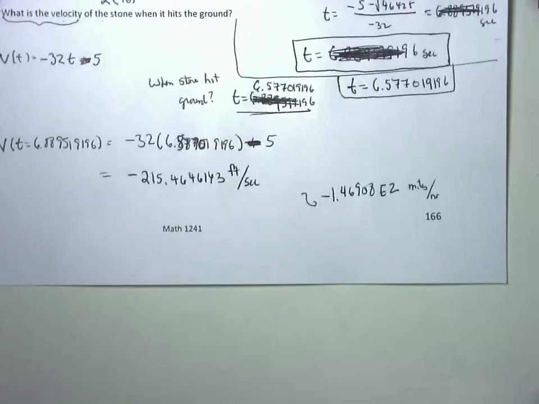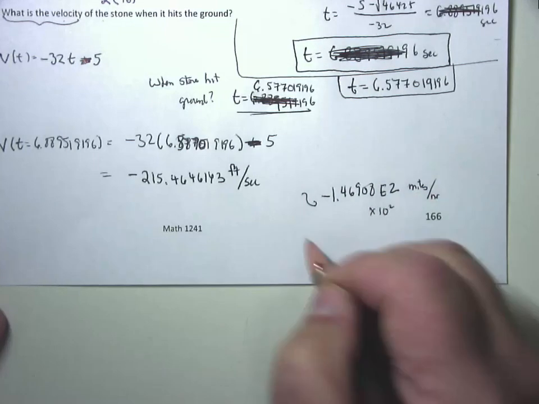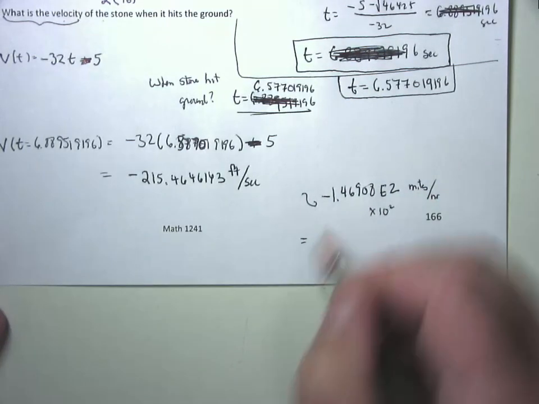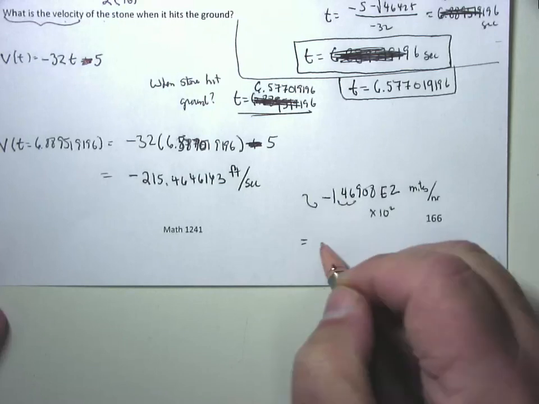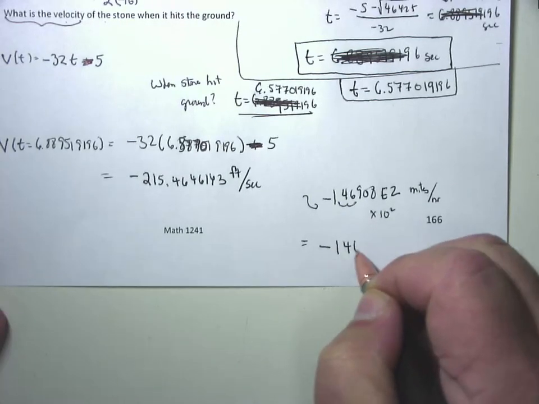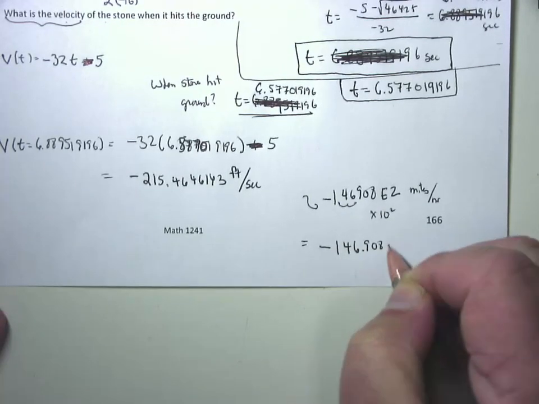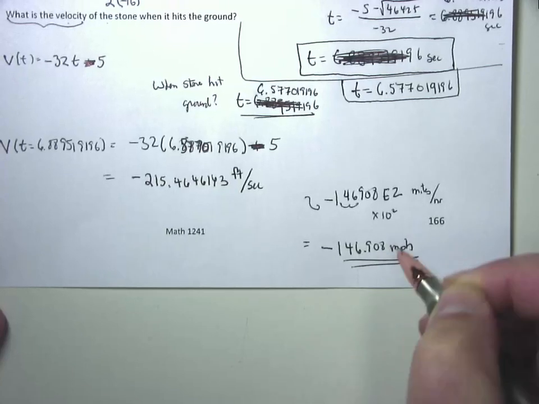What does E2 stand for? Times 10 to the second. Move the decimal place 2 places. It's negative because it's going down. 146.908 miles per hour. This is NASCAR speed.